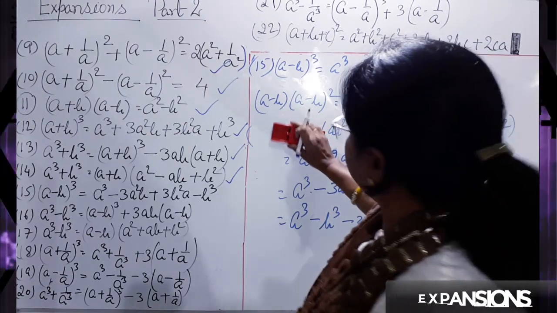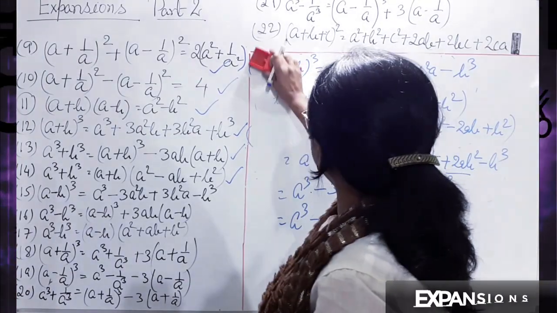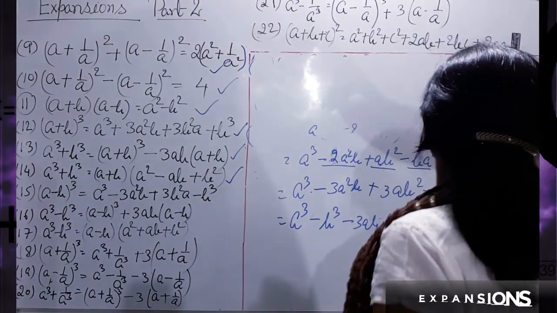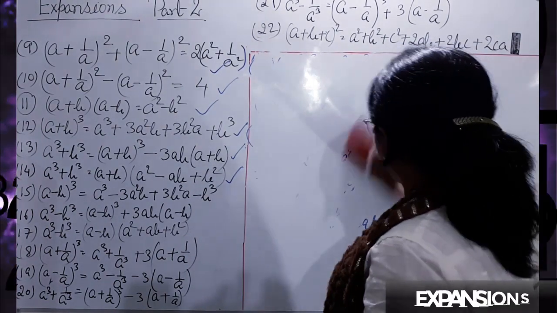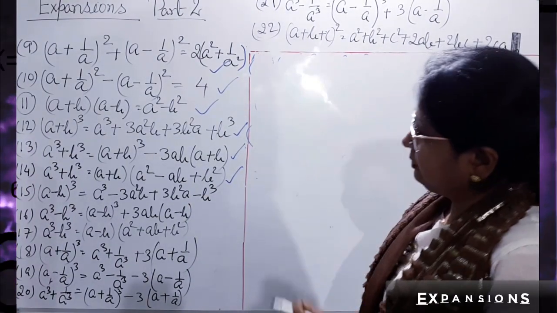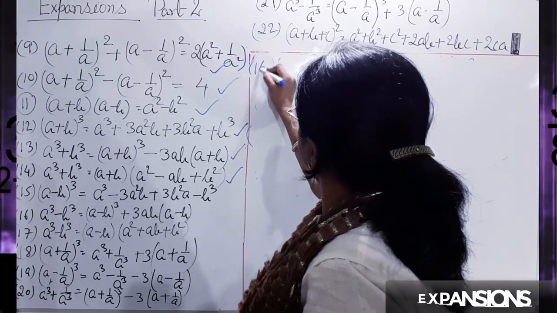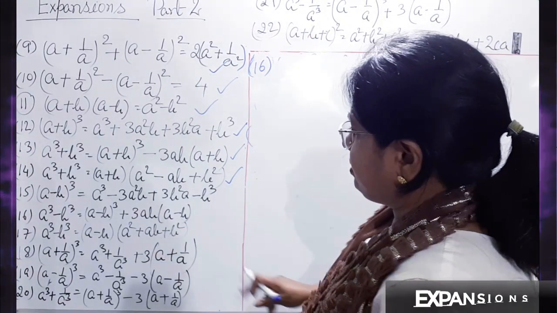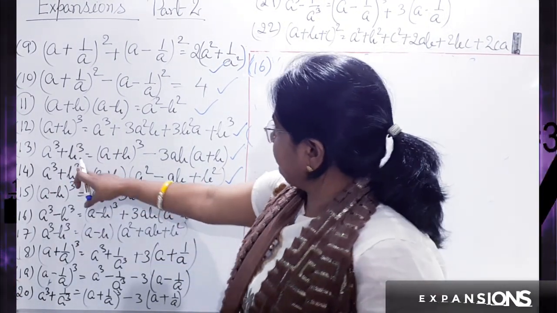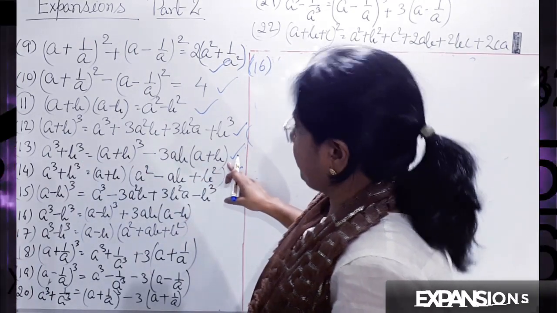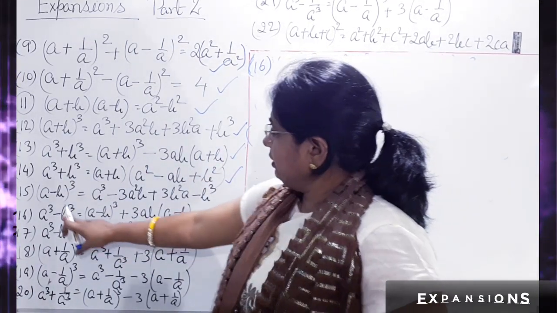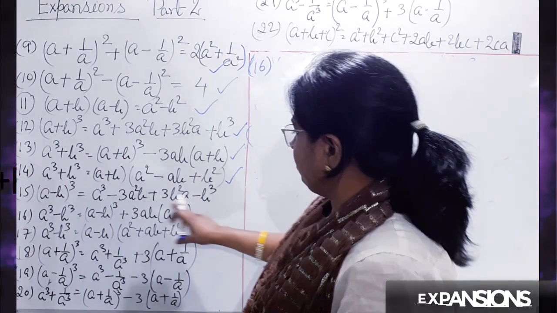Next, 16 number. 16 number formula is same as in positive form. I wrote 16 number is same as previous 13 number. I explained like that only. A minus b whole cube is equal this one.